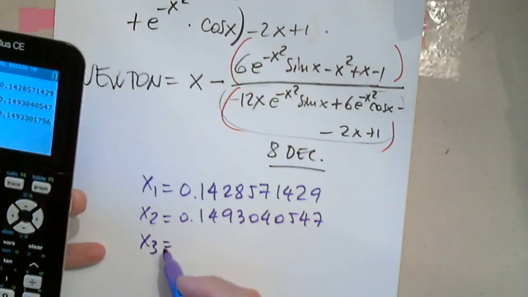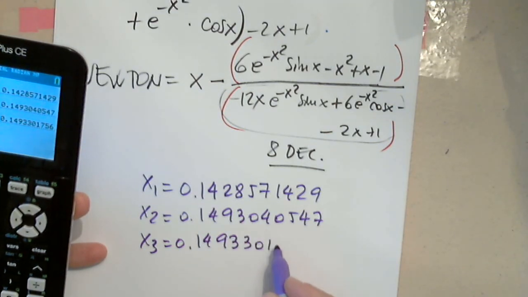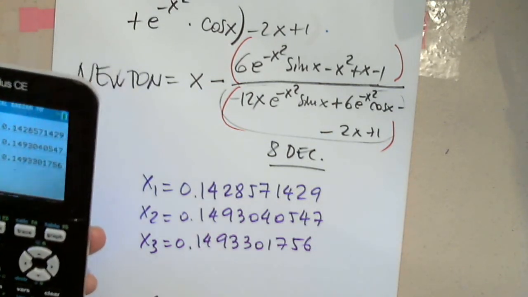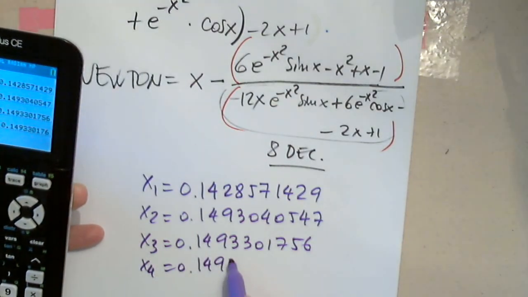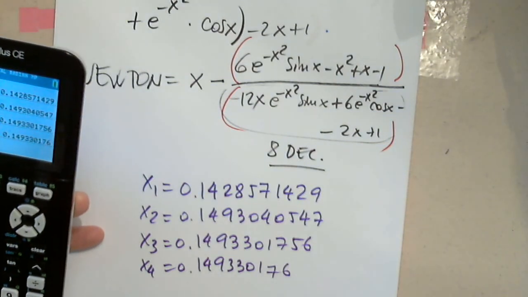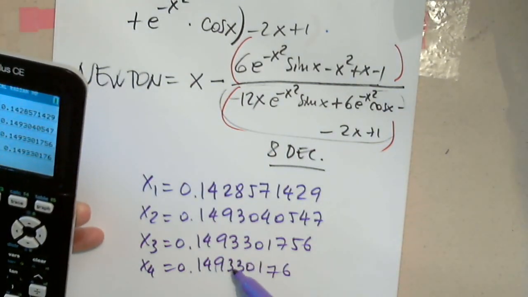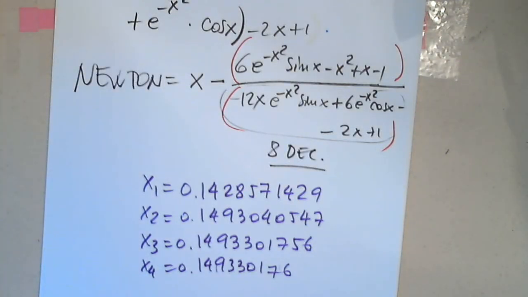So x3, the third iteration, 0.14933011756, and x4 0.149330176 2, 4, 6, 7, 8. Okay, we're done.